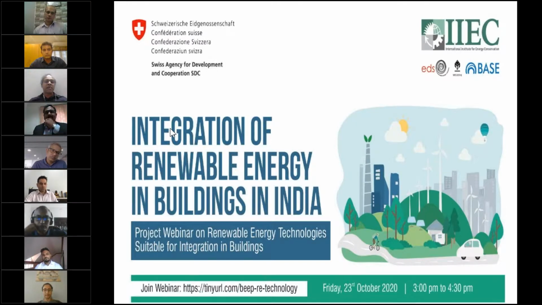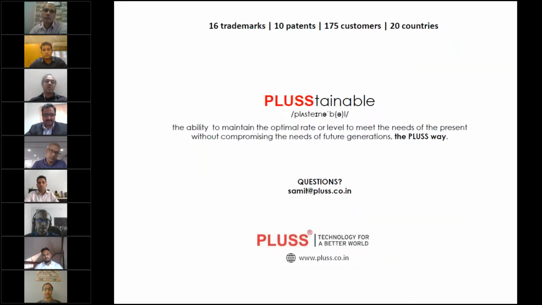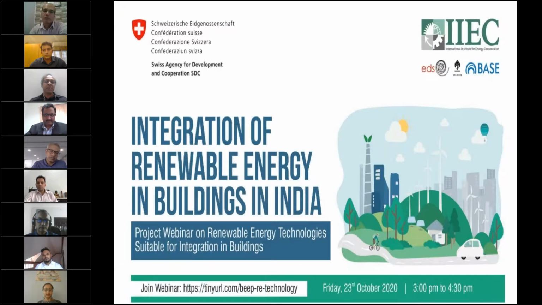I don't want to throw numbers at this stage for BIPV just like that. Having said that, in the specific building which we worked on, the increase in cost vis-a-vis what they were planning to do was about 20%, and the payback for that increased investment was about 4.5 years, is what we have calculated.